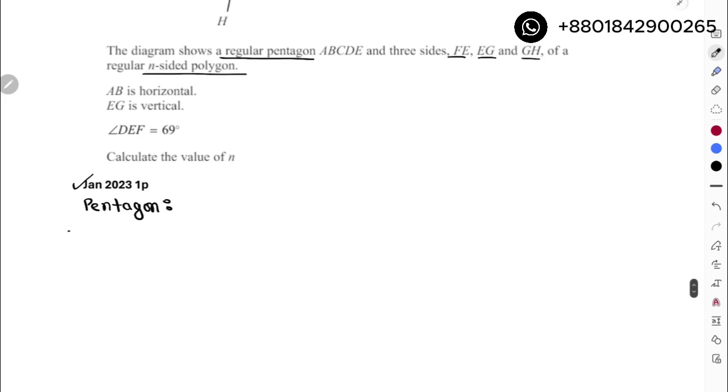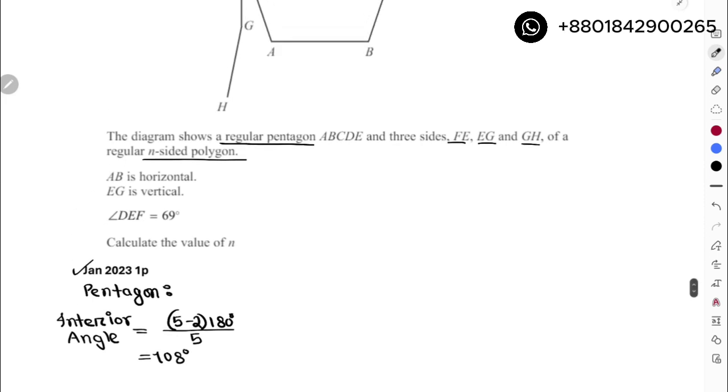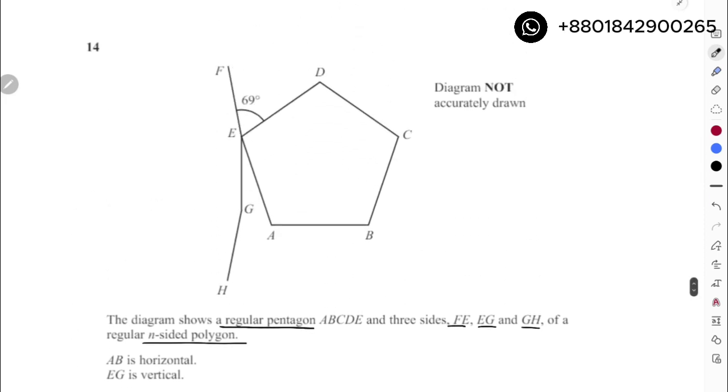That is the interior angle. This is going to be 5 minus 2, times 180 degrees, divided by 5, and that leaves you with 108 degrees. Now with this 108, I can understand that obviously this angle is 108. Another angle here is also going to be 108 degrees.